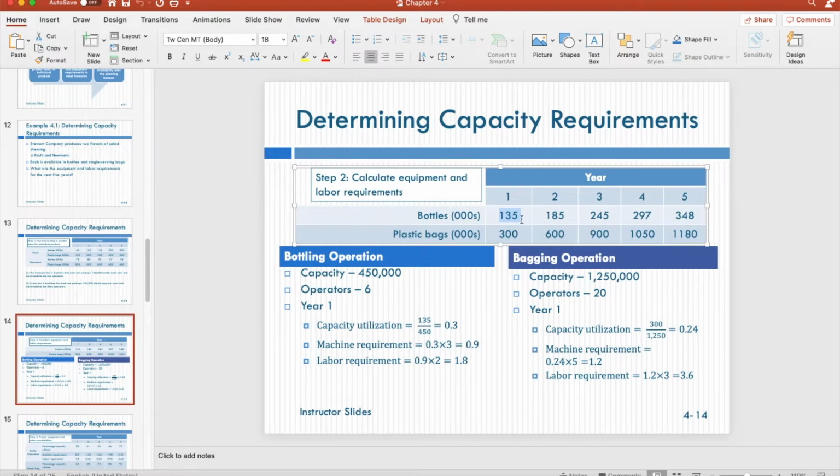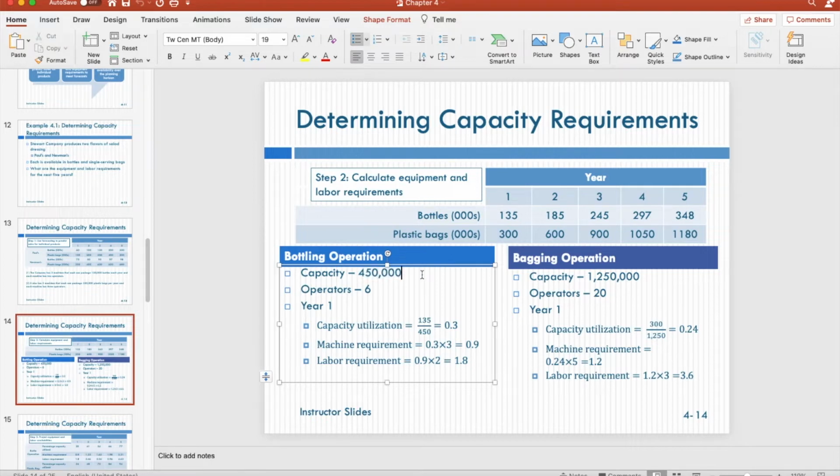But let's say the market demand of the bottle for this specific year is 500,000. Can you fit all of the market demand of the bottles? No, you cannot, because at most you can produce 450,000.